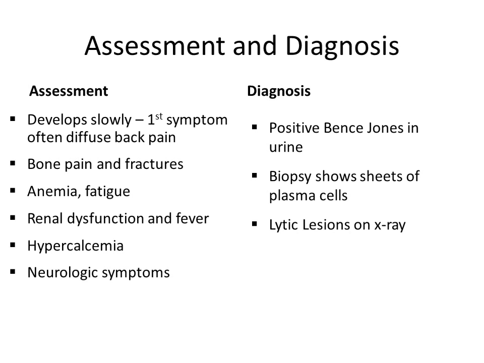In fact, an older adult who complains of back pain and has a total protein elevation should be evaluated for myeloma. Okay, so bone pain and fractures, anemia, renal dysfunction and fever, hypercalcemia, and from the hypercalcemia, any of the neurologic symptoms.